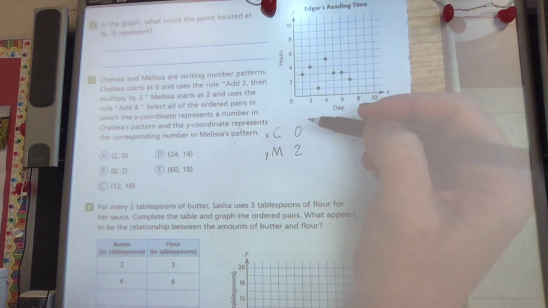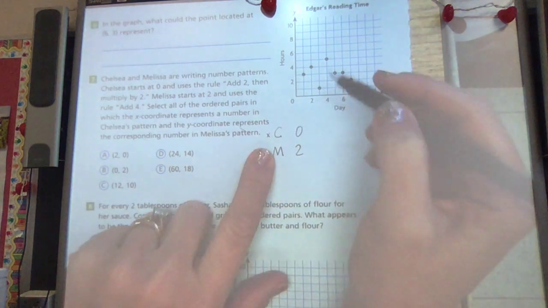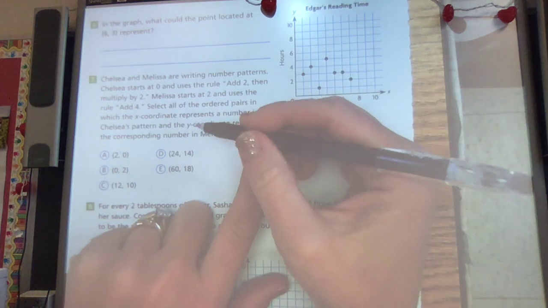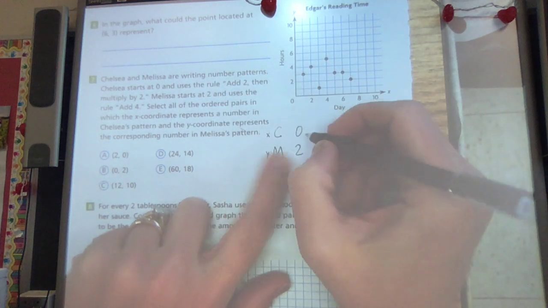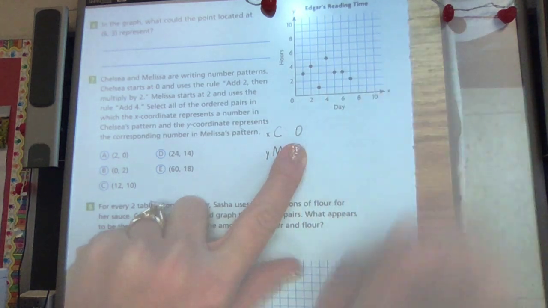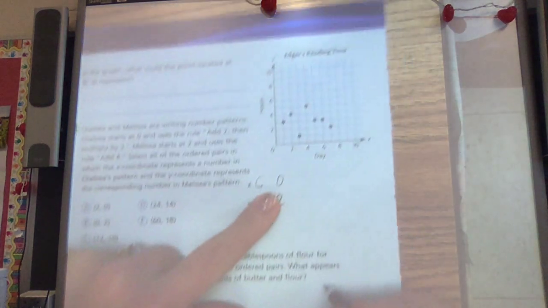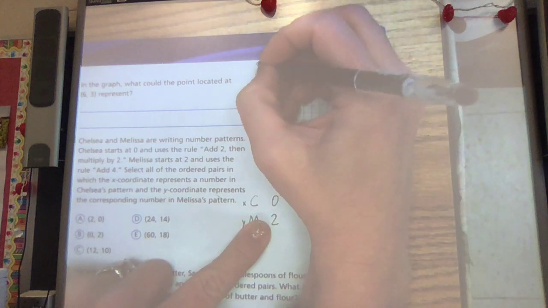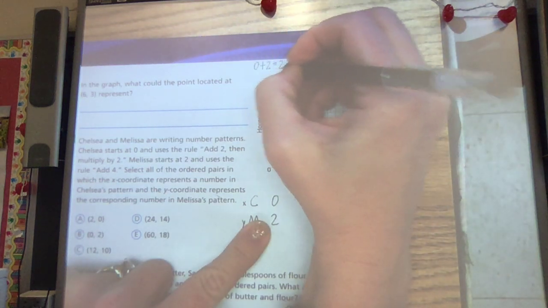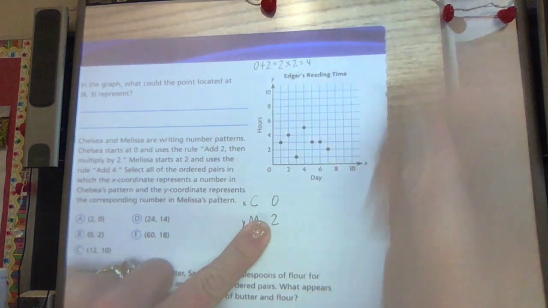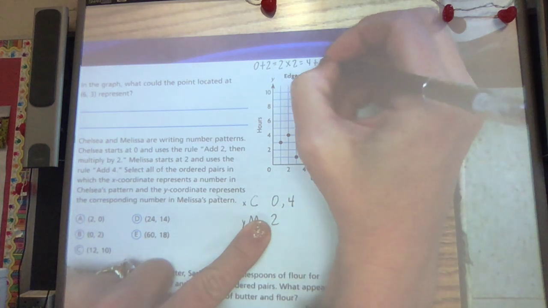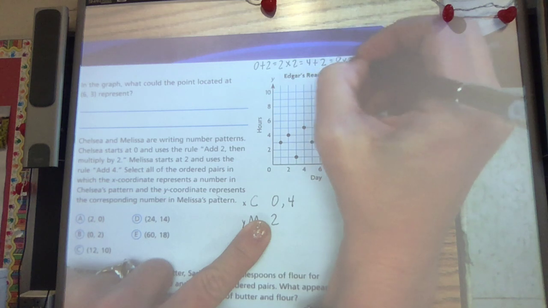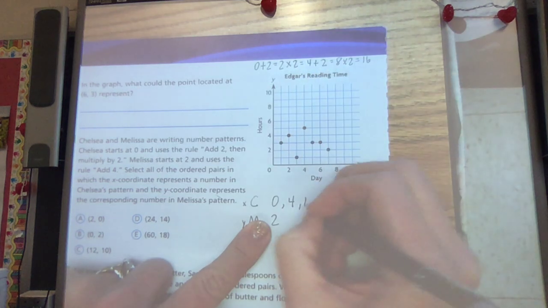So let's do the first couple for Chelsea, but you're going to have to continue to make these. So Chelsea, add 2, multiply by 2. All right? So, I'll take this space up here. 0, add 2 is 2, multiply by 2 is 4. Let's do another one. Plus 2 is 8, multiply by 2 is 16.